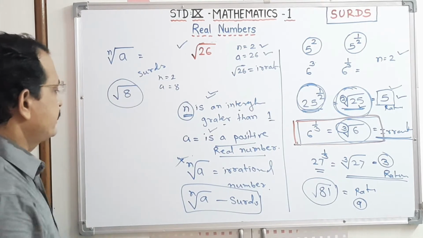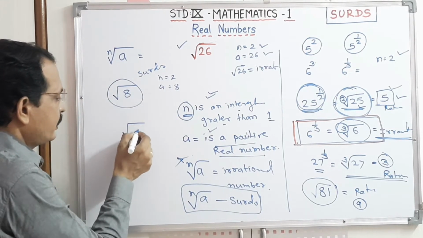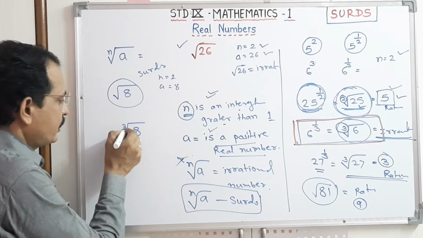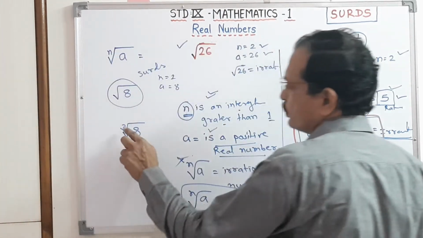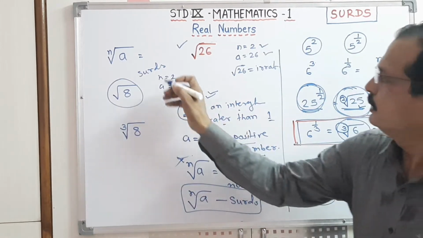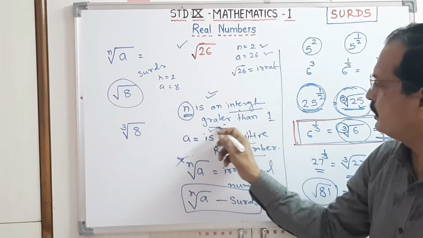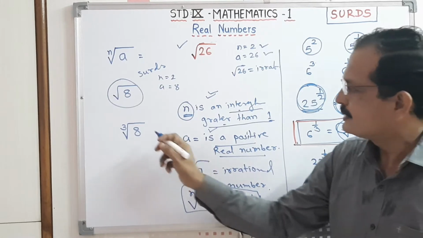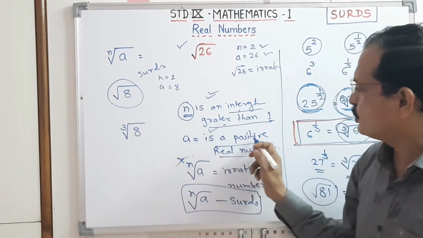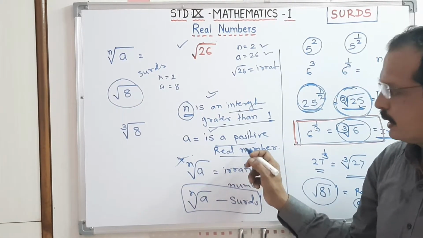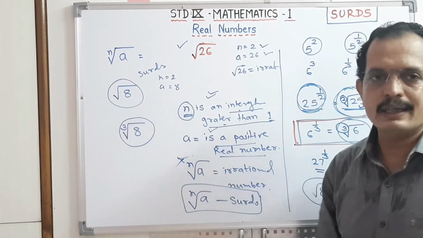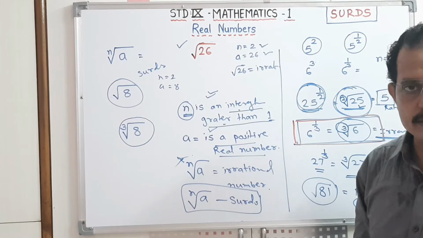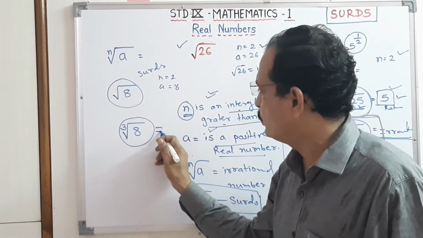Now see the second. Same, I write here 8 and here I write 3. Now n is equal to 3. It is an integer greater than 1. Second, 8 is a positive real number, and the cube root of this 8. Dear student, can we find out the cube root of 8? Yes, it is equal to 2.